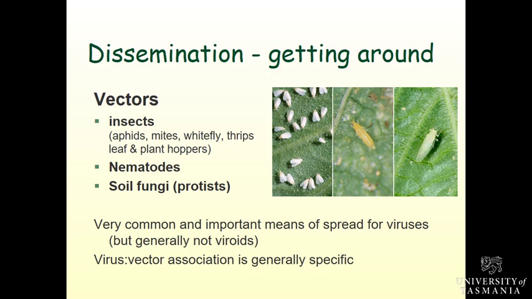So the virus recognizes the vector and binds to the vector's mouthparts or the gut linings, and is carried in that manner, and then when it spits out into the next plant, it transmits it. So not every aphid will carry every single virus, but there'll be some specific aphid-virus associations that allow that transmission to occur.